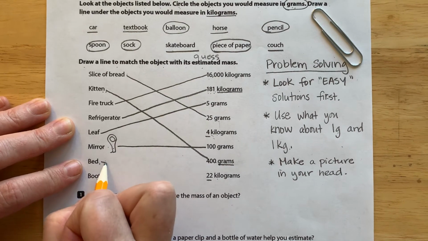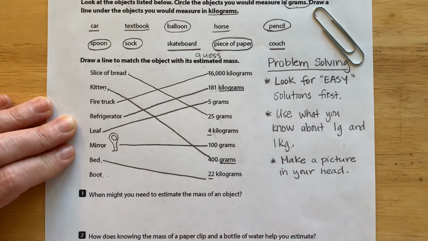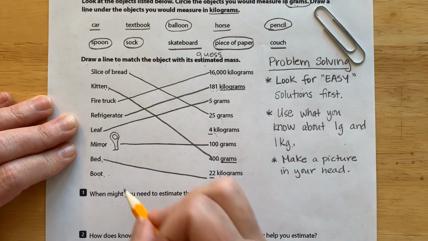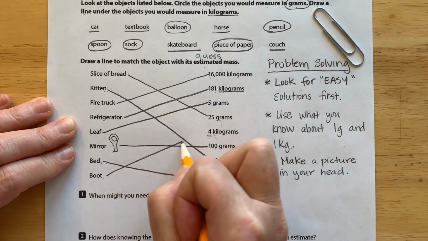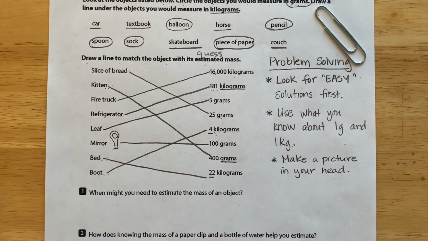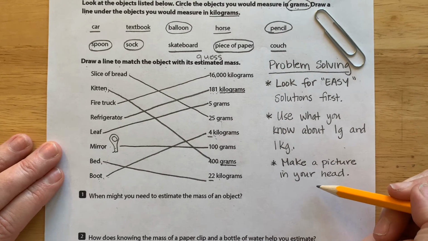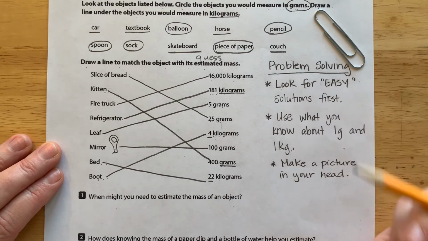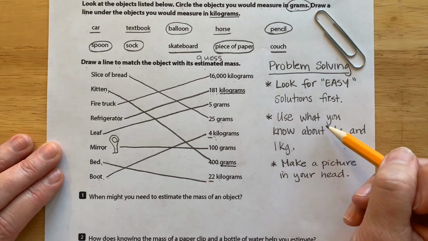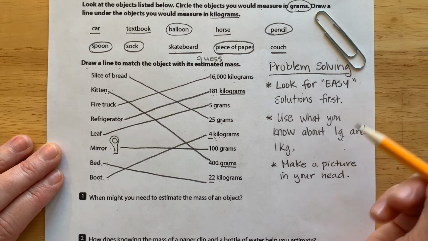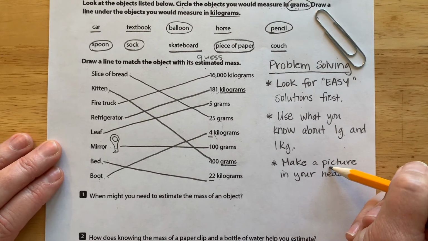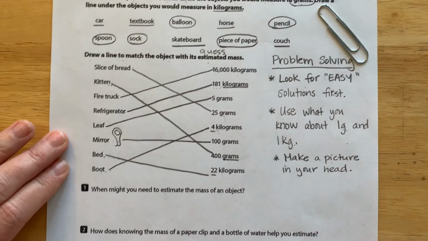So let's draw a line from the bed to the 22 kilograms, and then our boot to the 4 kilograms. And see, using our problem strategies, we were able to do the easy ones first. We used what we knew about 1 kilogram and 1 gram, and then we made a picture in our head to help solve it. Nice job.